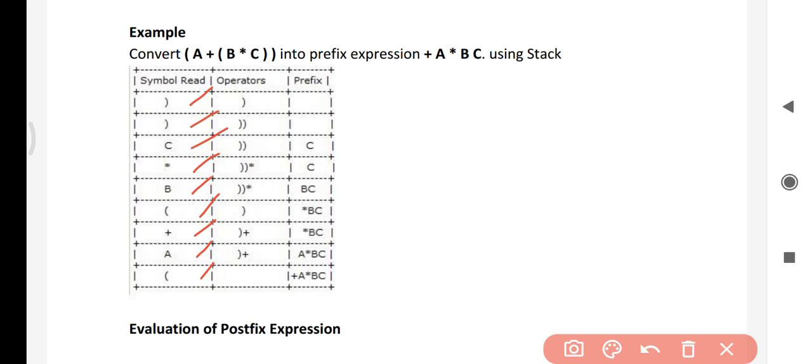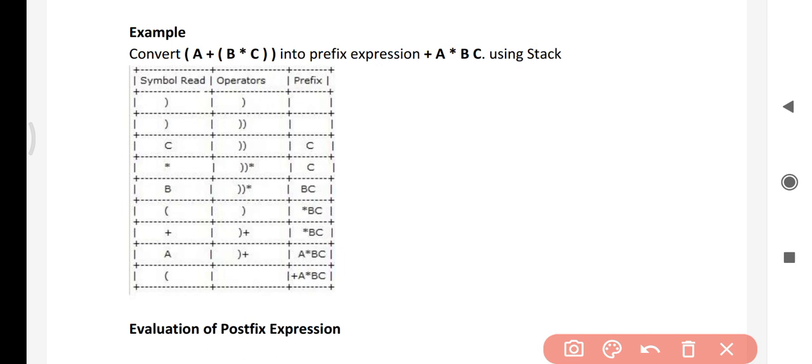Now you make the column names operator stack and prefix expression. We find a right parenthesis, we keep it into the stack. Again we find a right parenthesis, we keep it into the stack. We find an operand, it must go to the prefix.